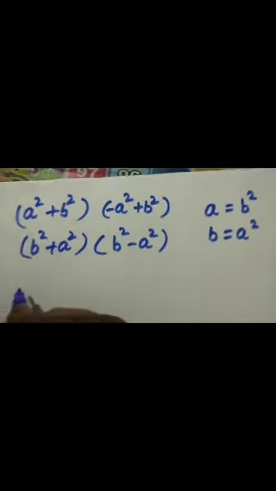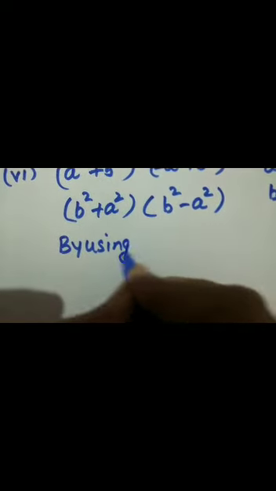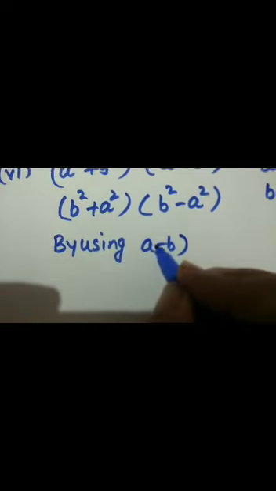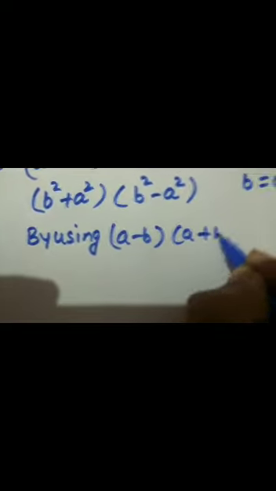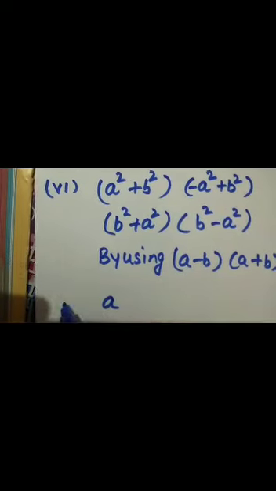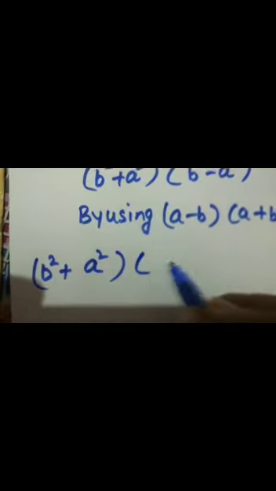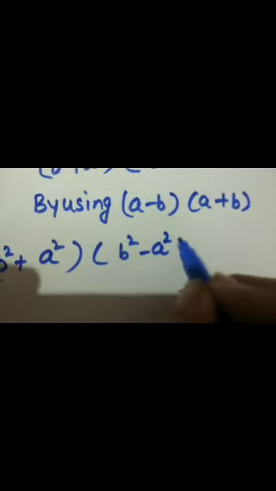Now we'll use the identity (a minus b) into (a plus b), with b square minus a square.